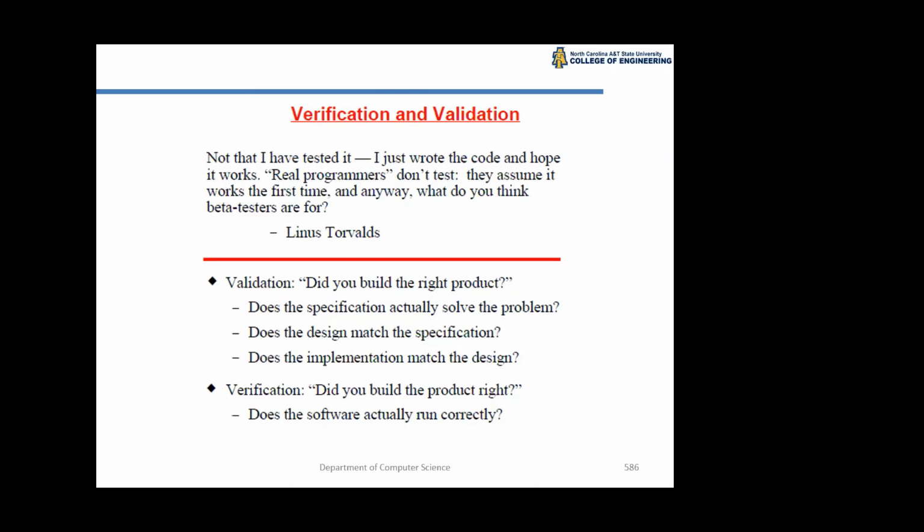If you have a good match between implementation and design, and the design captures all the requirements, you have the right product. The verification is: did you build the product right? Whether the software is running correctly or not. So these are the two kinds of testing, validation and verification.